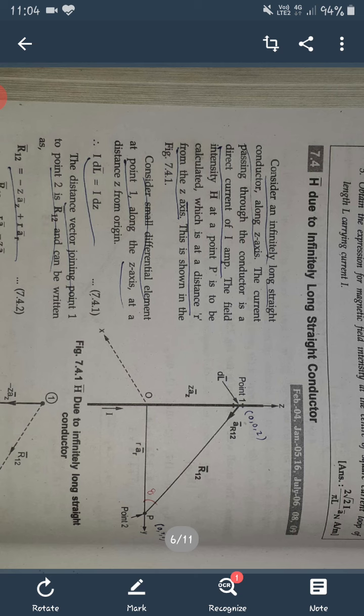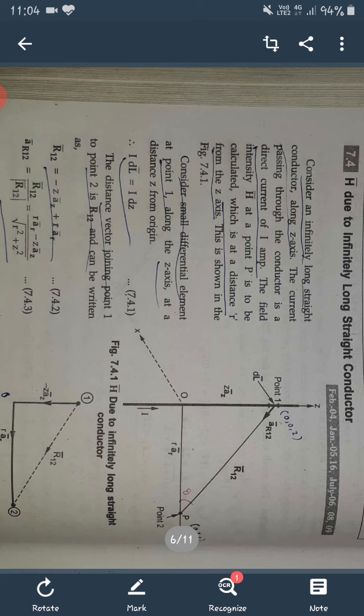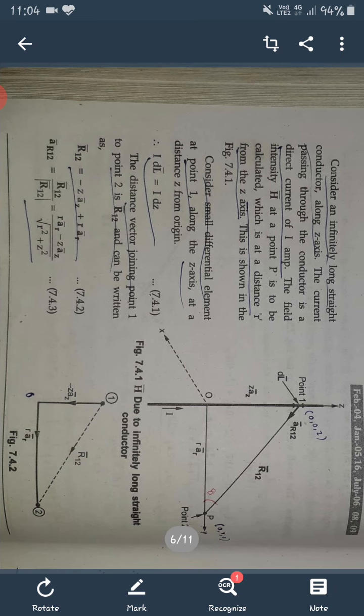The distance vector joining point 1 to point 2 is r12, and can be written as r12 equal to minus z az cap plus r ar cap, because the coordinate of the point P will be 0 r 0, because it is on the r axis.